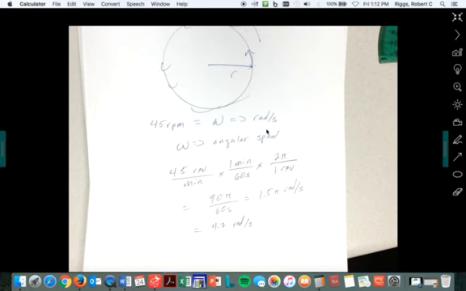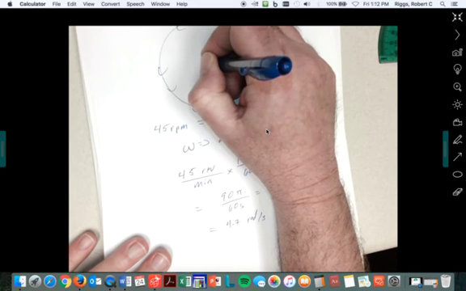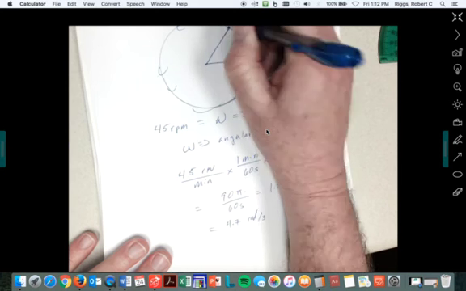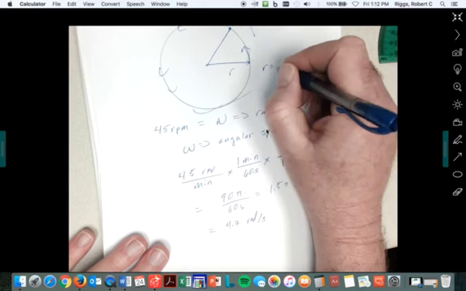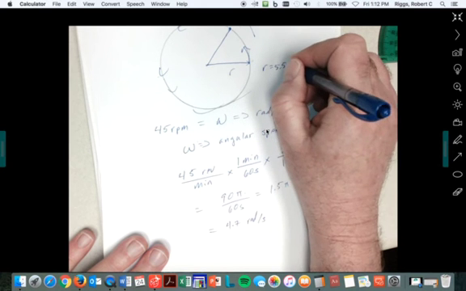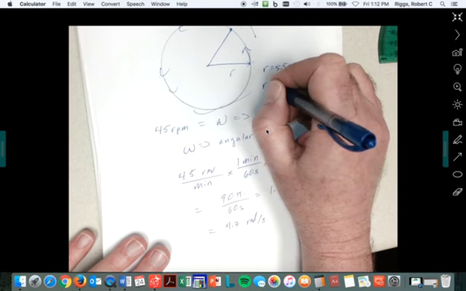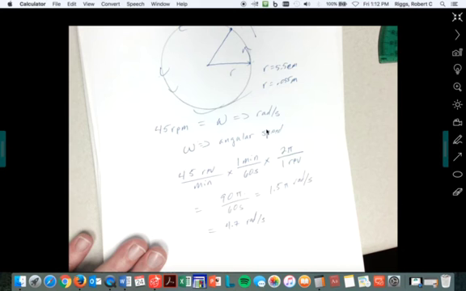Now, here's an interesting thing. I wonder what the speed in meters per second is. Let's say this thing, again, is 5.5 centimeters, and let's say R then is equal to 0.055 meters. Okay.